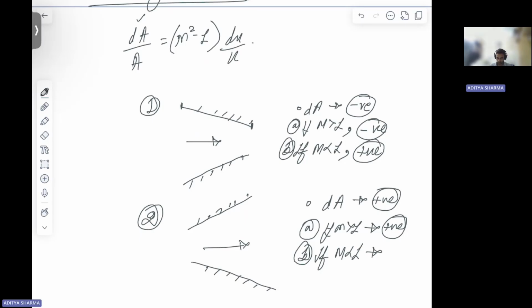So your du is going to be negative, right? So for your subsonic flow, when duct is divergent, your velocity is going to decrease, right? So this is about du. Okay, so this is there.